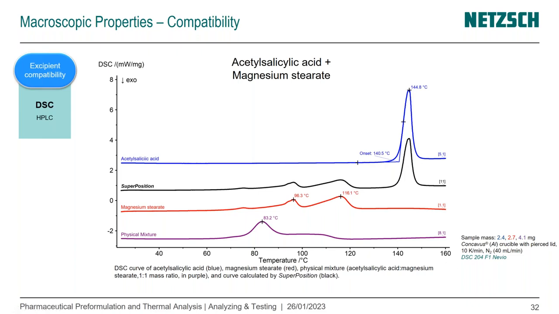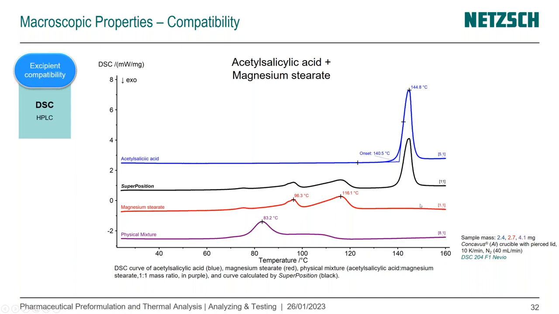The software from Netzsch, the Proteus software, has a feature called superposition. This is a calculated curve from two different materials. We define, for example, 1:1, the mass ratio of both materials, and then the software gives us what the curve would be with no interaction between the materials.